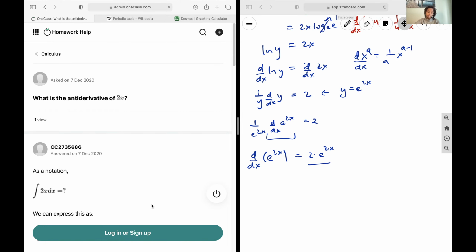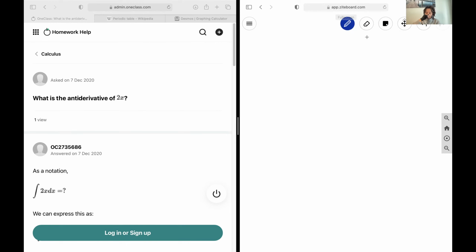Next up, we're looking for the integral of 2x. I'm going to be using the fact that the integral of a constant multiplied by some function of x dx is equal to that constant multiplied by the integral of f of x dx.